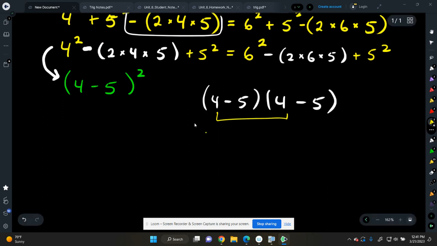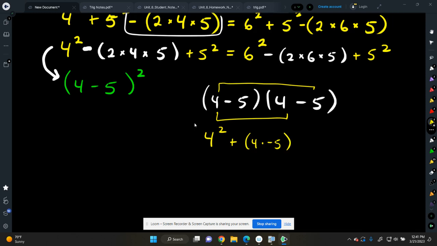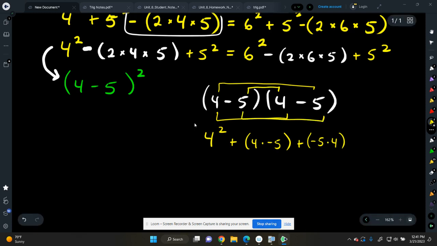Let's just write it as 4 squared, and then plus 4 times negative 5, and then plus, this is negative 5 times 4. Everybody okay with that? And then plus, this is a minus times a minus, 5 squared.